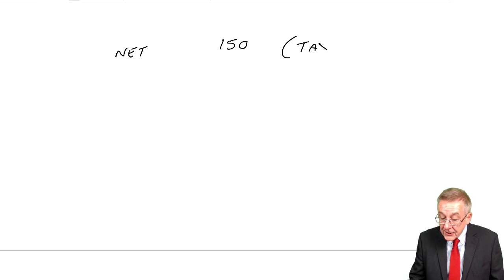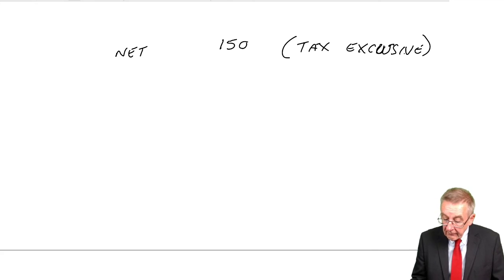It could be anything. But they have to add on tax and actually charge more. So without tax, the price was 150, and we call that the net price, or tax exclusive. It's excluding the tax.